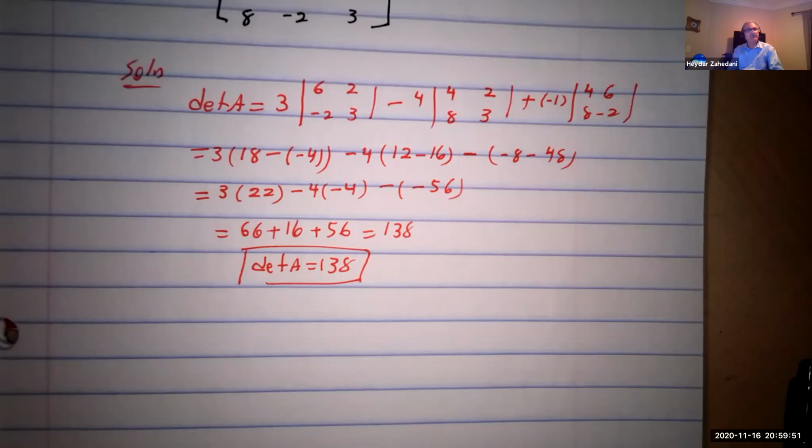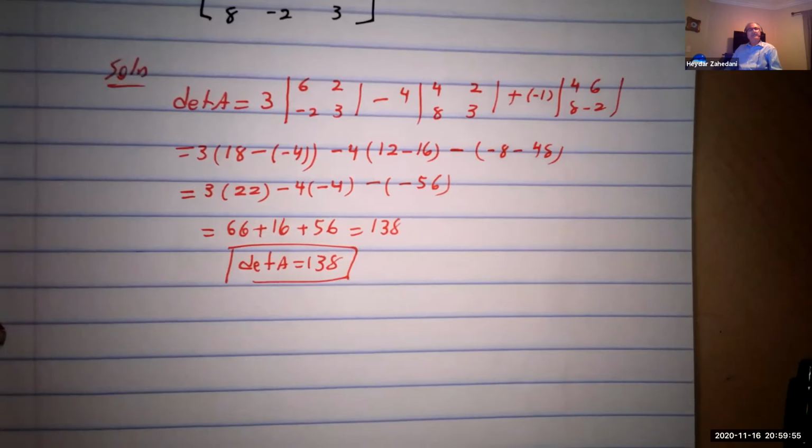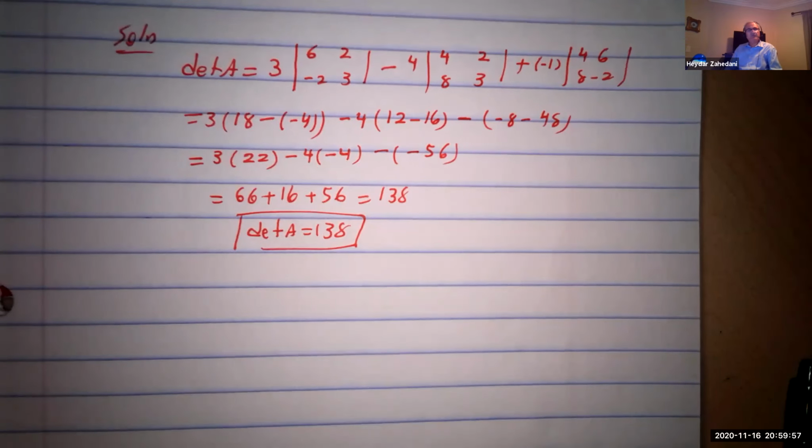Now we are ready to apply it, to get the application. The application that we're going to have is solving the system of equations. When you do the system, the easiest way to do it is just the elimination method. Remember, you eliminate x and y to get your result.